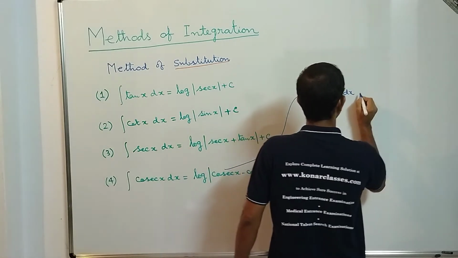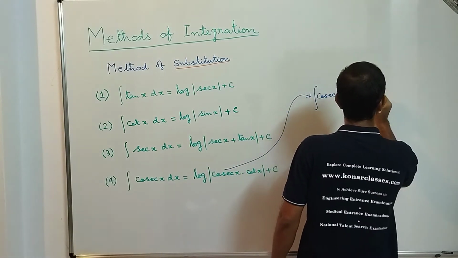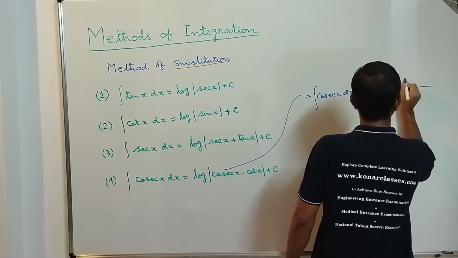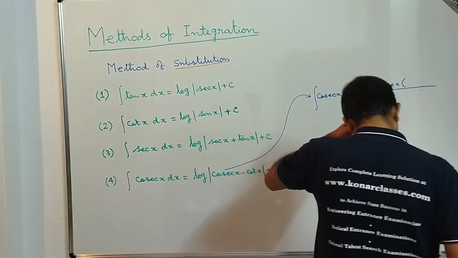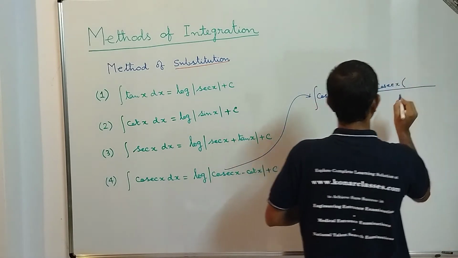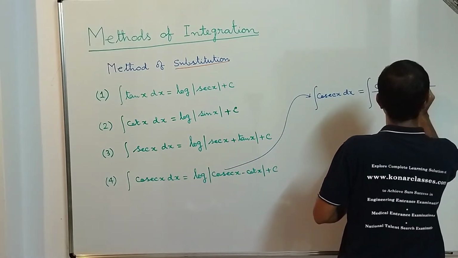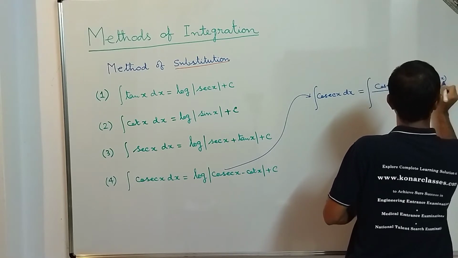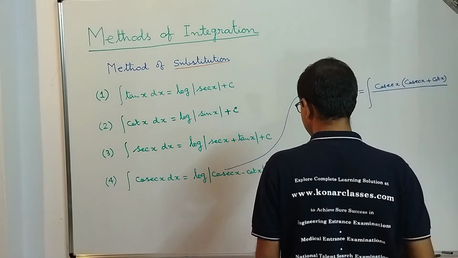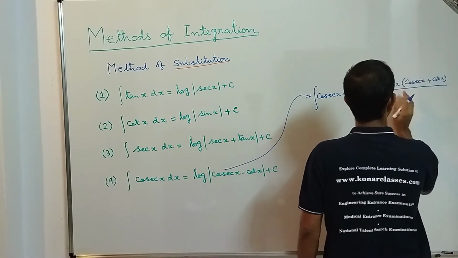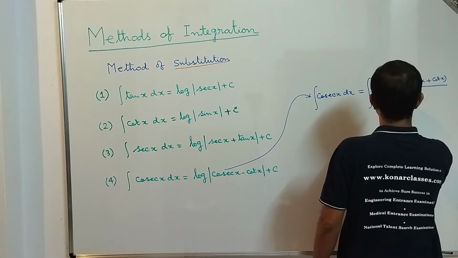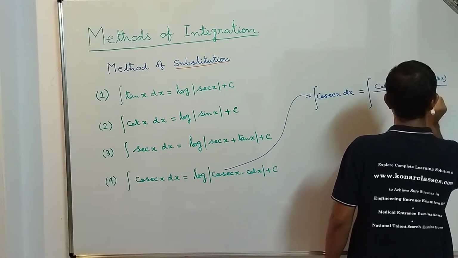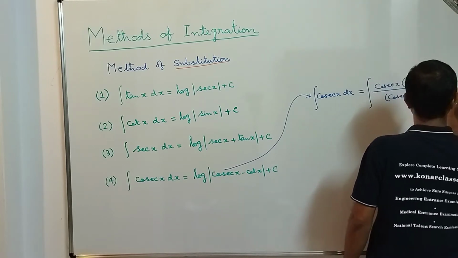So what we can do is write this as the integration of cosec x into (cosec x plus cot x) divided by (cosec x plus cot x) dx.